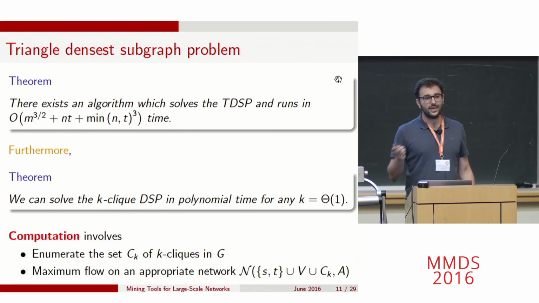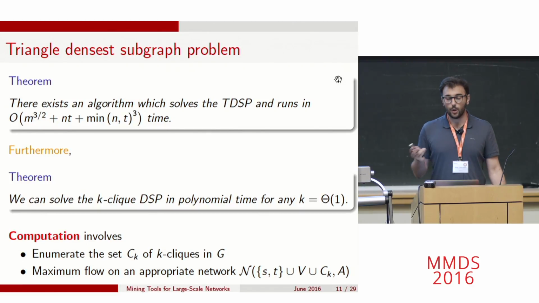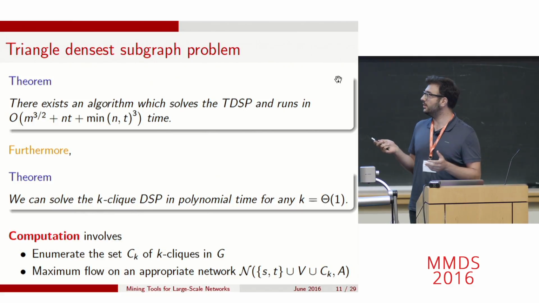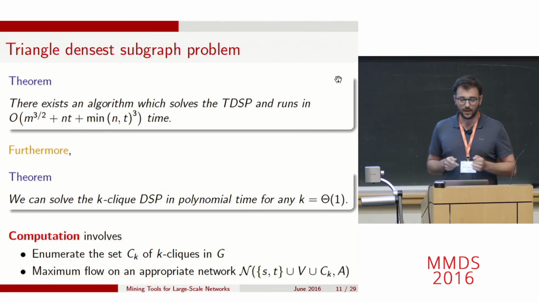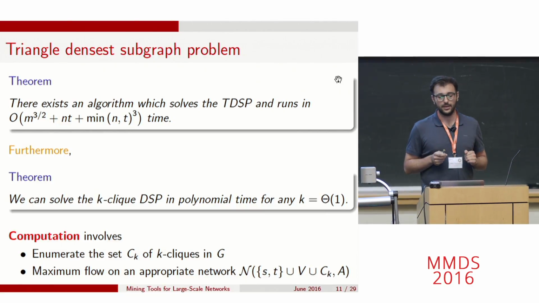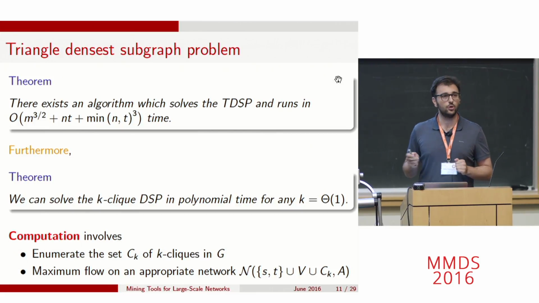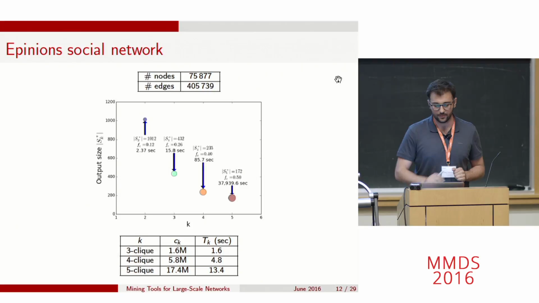And furthermore, for any constant k, we can solve this problem in polynomial time. The computation involves 2 steps, and I'm not going to elaborate on this. We enumerate the set of k-cliques, and then we solve a maximum flow computation on an appropriate network. The maximum flow computation is going to be the key computational bottleneck, as we'll see from our experimental results.